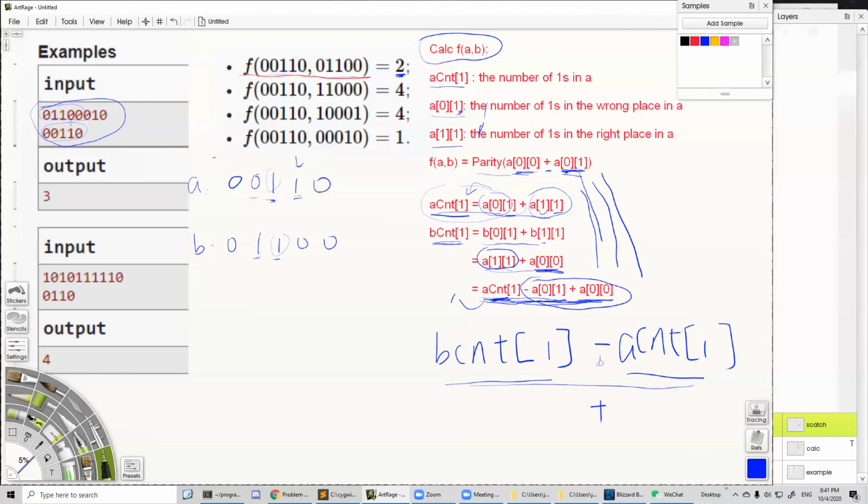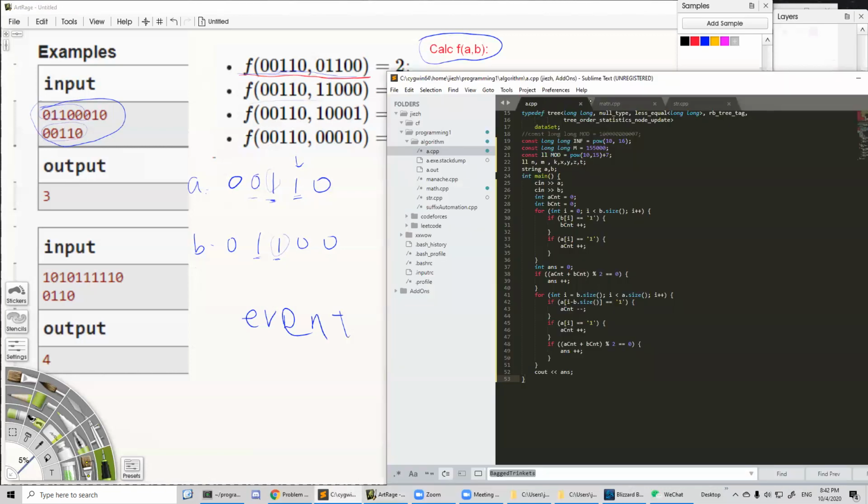And if the sum of this number is even, then the final function's answer is also even. If it is odd, the final answer is odd. So we just need to count how many even numbers there are in all of those functions. So let's take a look at the code here.